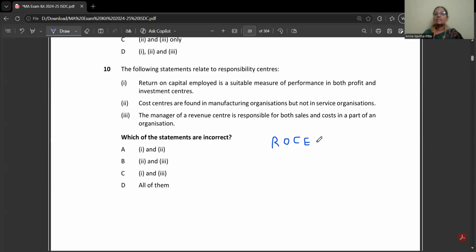If it is a profit center, the variable used to measure the performance is just the profit margin, profit divided by sales into 100. Here we see this is profit divided by capital employed. Wherever capital is there, the investment made from the capital that is raised is capital employed. That would be the concern of an investment center, but definitely not the concern of a profit center.